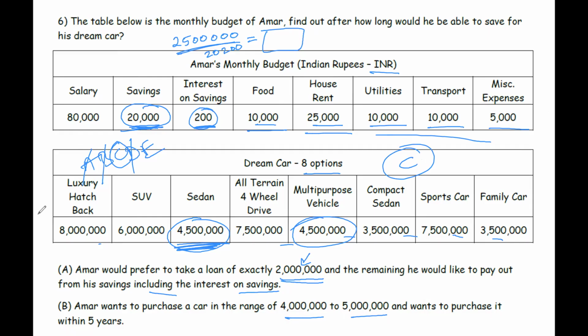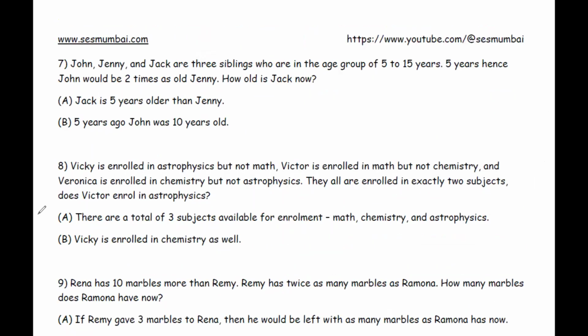Seventh one. So it's a logic question. John, Jenny, and Jack are three siblings in the age group of 5 to 15 years. 5 years hence, John would be 2 times as old as Jenny.